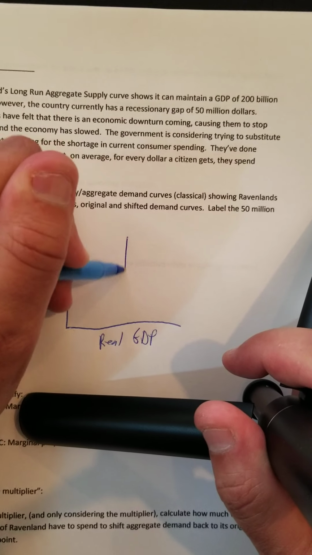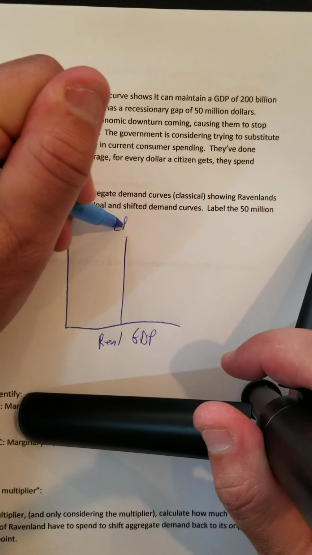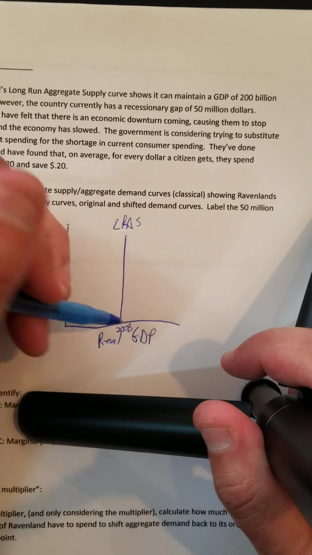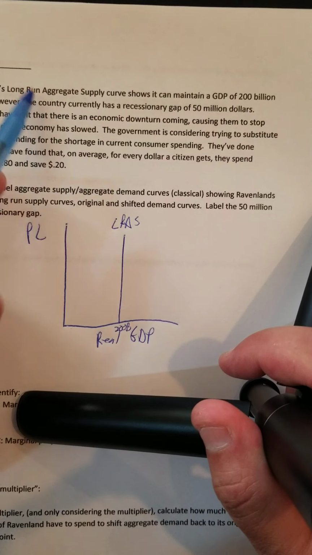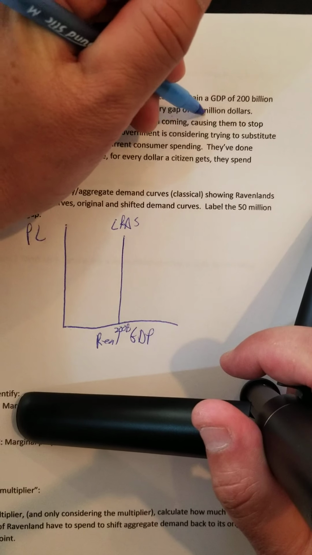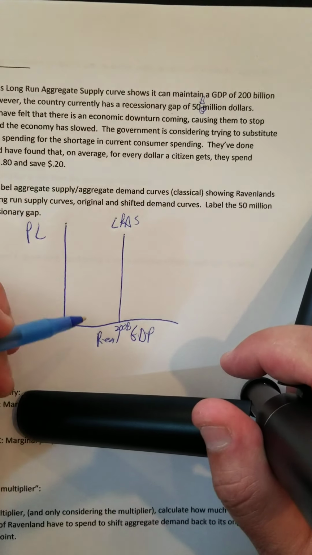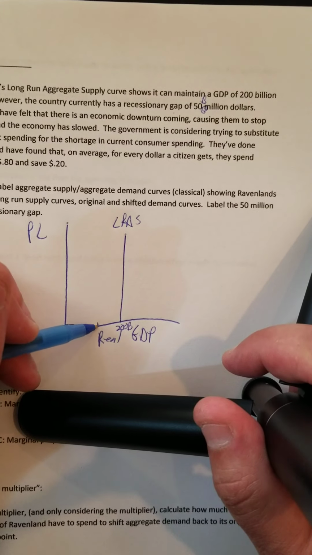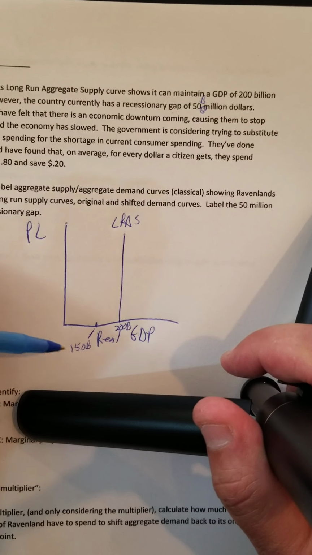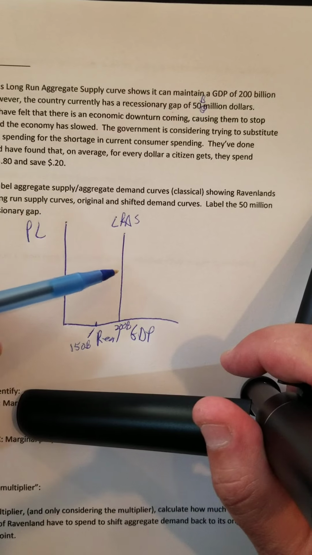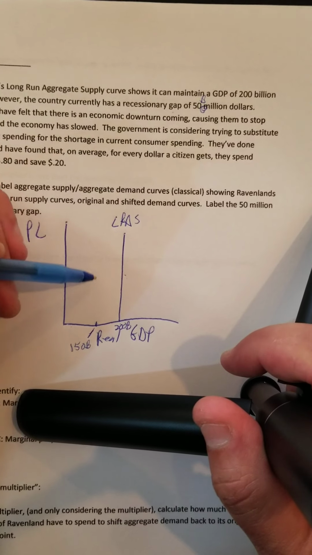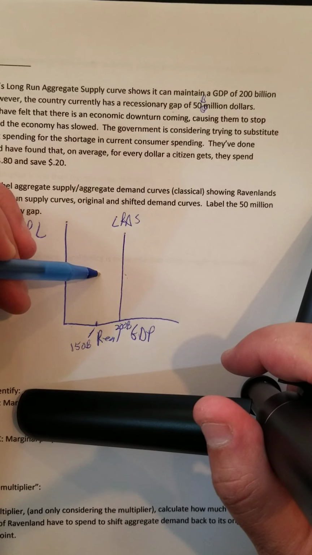That's another way of saying that our long run aggregate supply is at $200 billion. However, the country currently has a recessionary gap of 50, let's just say billion. So our current GDP is $150 billion, even though our long run GDP is 200. So we have a $50 billion recessionary gap.